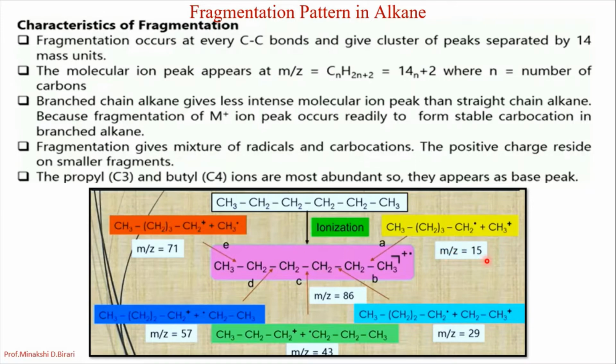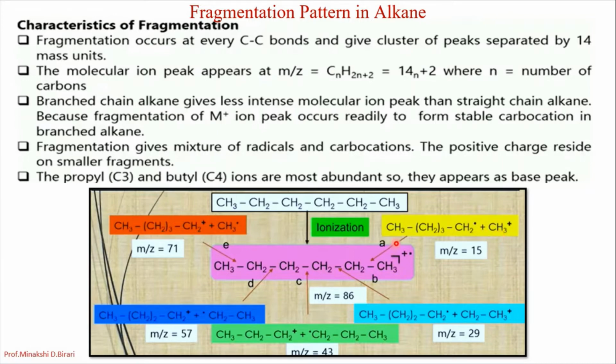So we get the formation of methyl cation, the first fragment observed. According to Stevenson's rule, the positive charge resides on the smaller fragment and the radical resides on the larger fragment.